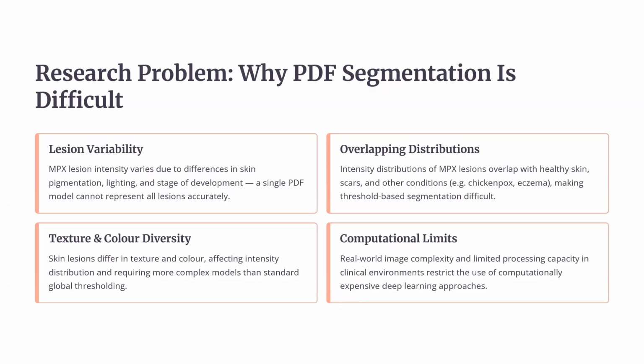This leads to segmentation and classification errors. Therefore, global thresholds are not suitable for all images, especially when illumination is non-uniform or when different regions of the image have distinct local features.